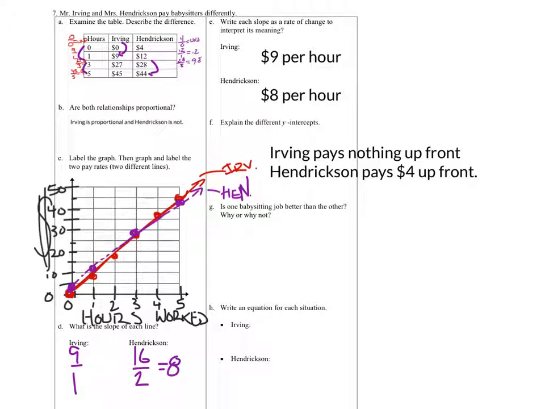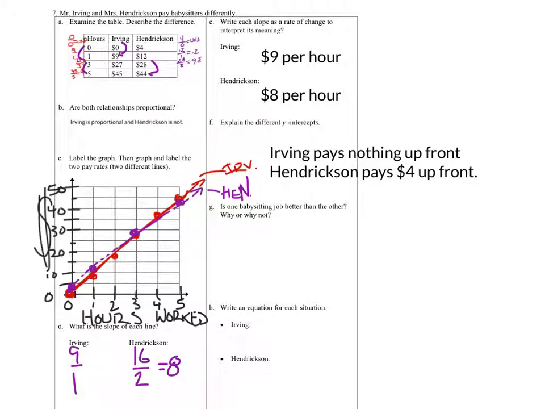Is one babysitting job better than the other? Until the 5th hour. Yeah? Like just for doing no hours, you basically have a $4 boost, but since he also pays one less than Irving, if you go under 4 hours, then Hendrickson is better, but if you go over 4 hours, then Irving is better.